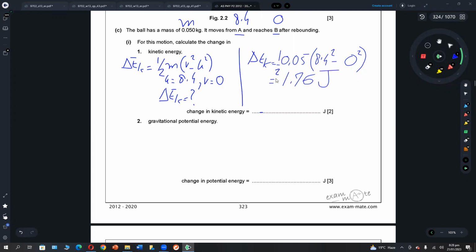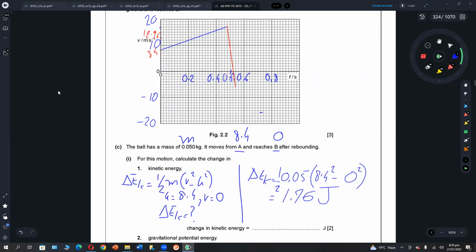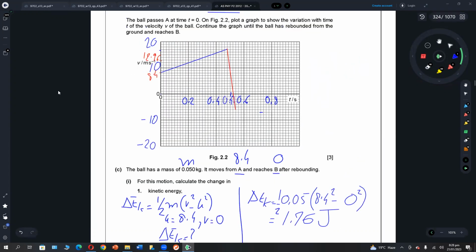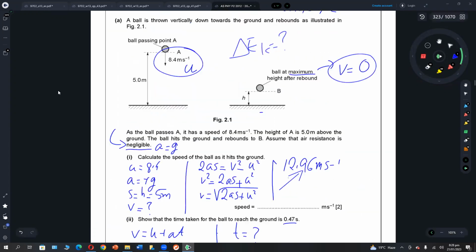1.76 joule. Gravitational potential energy. This is the next question. He's asking for the change in gravitational potential energy. Gravitational potential energy is mgh, and it requires the idea of difference in height.